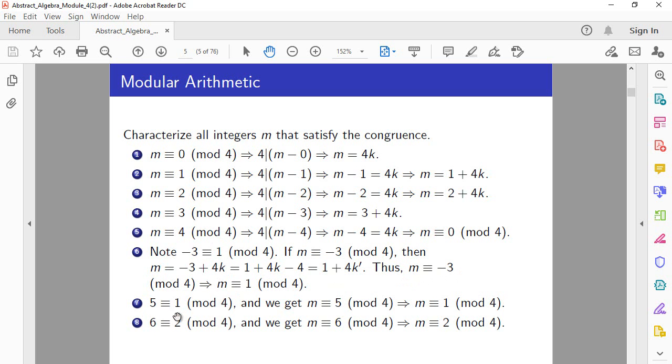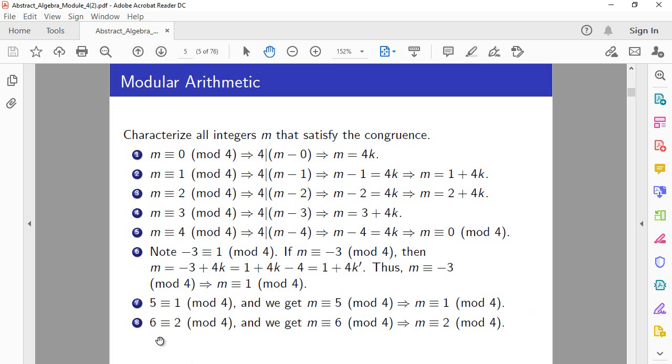If 5 is congruent to 1 mod 4, and if m is congruent to 5 mod 4, then m must be congruent to 1 mod 4.